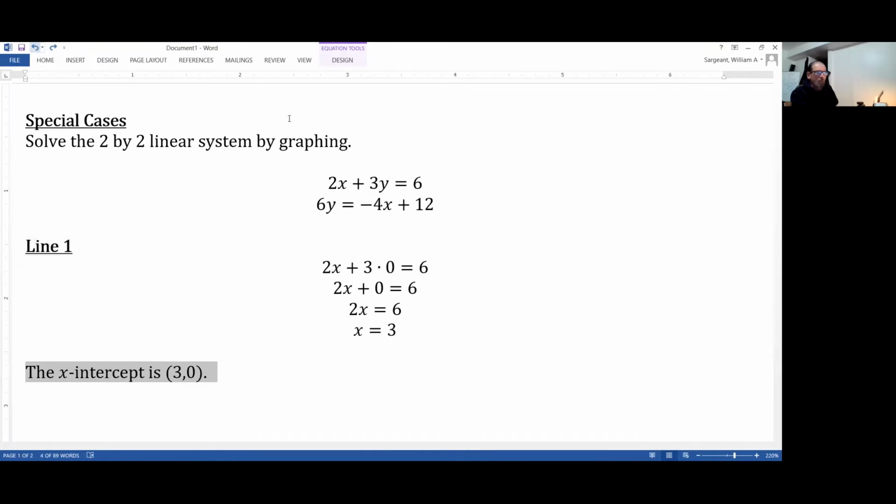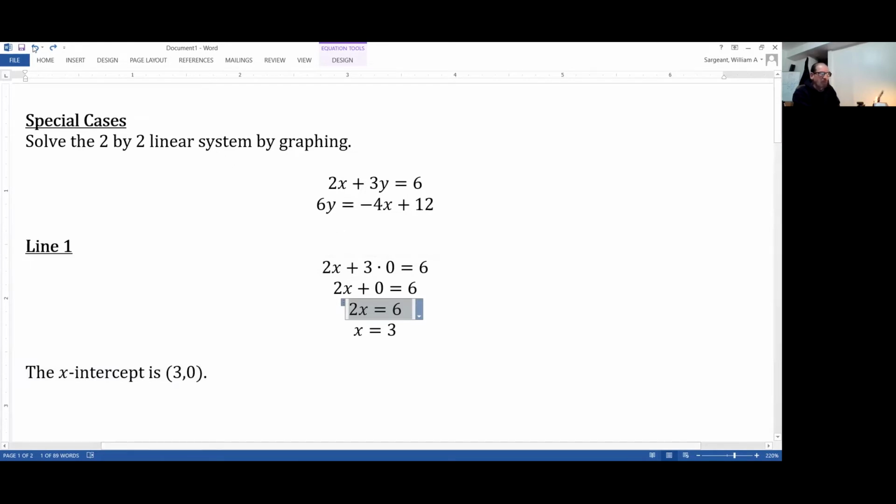And we know what happens when we put in 0 for a variable. You multiply it, you get 0, you add, we get the other thing. And so the main thing is to show that 2x equals 6, divide both sides by 2, and we get x equals 3. The thing to watch out for is if you have a minus or negative sign in front of one of those.